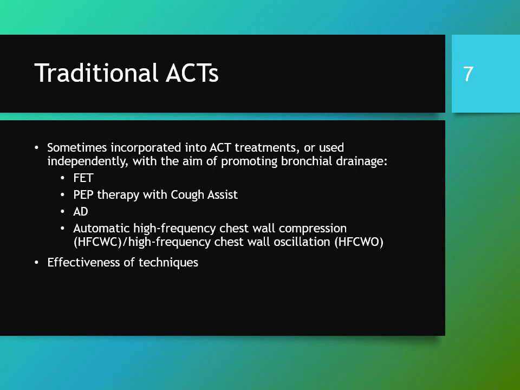So most studies have showed that a huff cough can be successful and effective, especially in adolescents and young adults than in younger children. So huff coughing for those CF teenagers can be really, really effective.